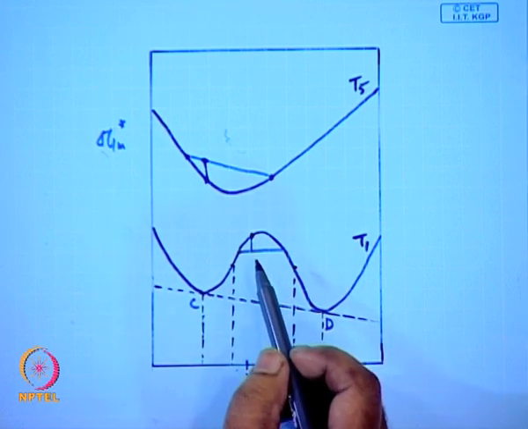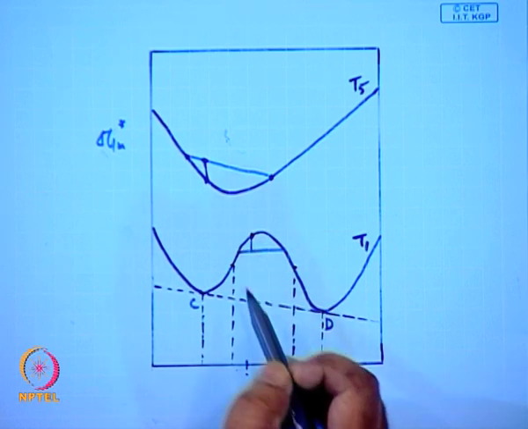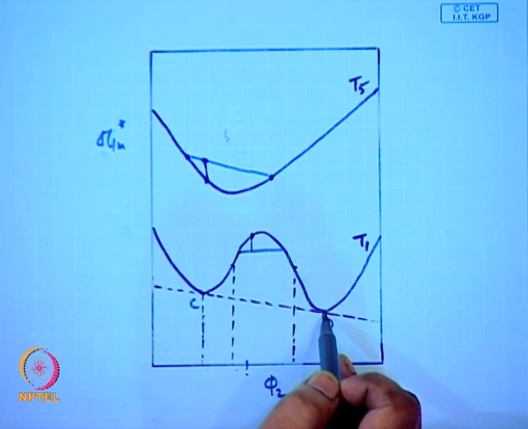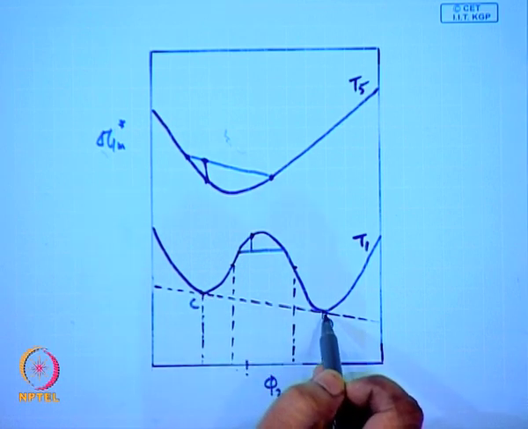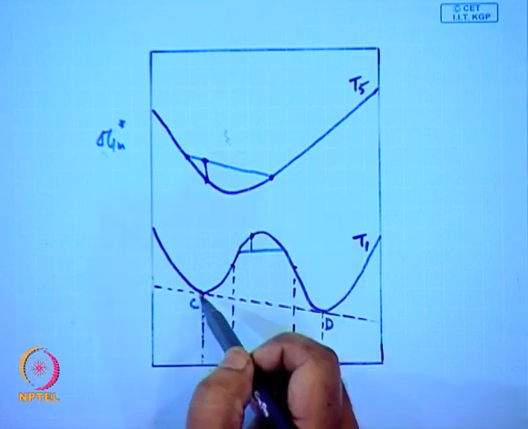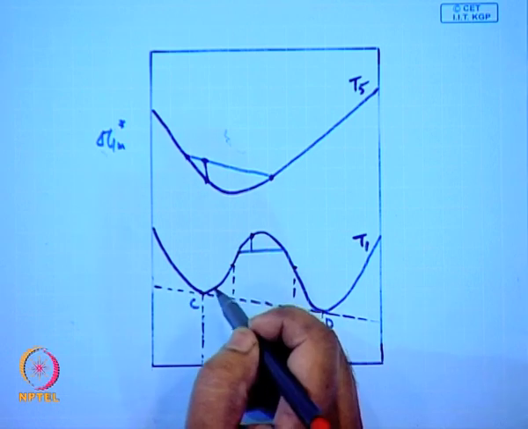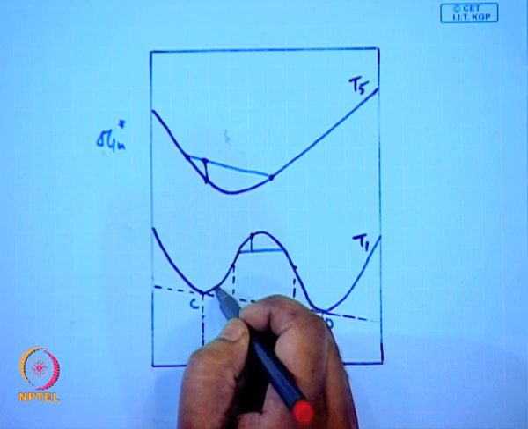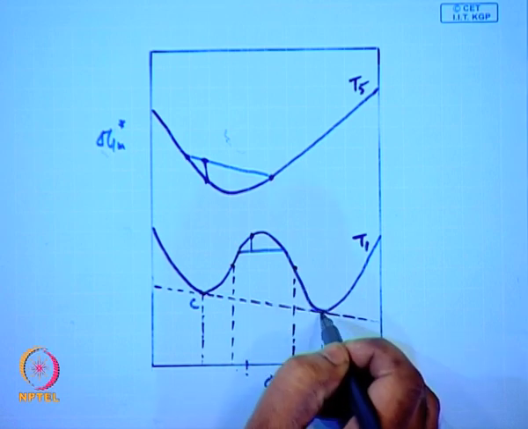So if you have any solution having a phi 2 value in this region, it will immediately phase separate and form two equilibrium phases. One is polymer rich, one is solvent rich. Now, look at a point here, any point between these two lines, this point and this point, and this point and this point.